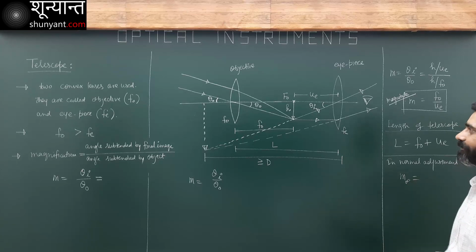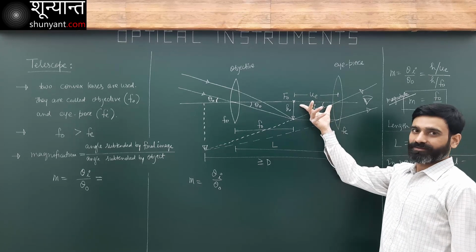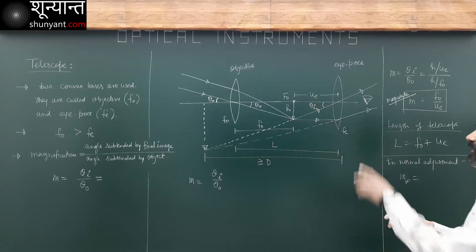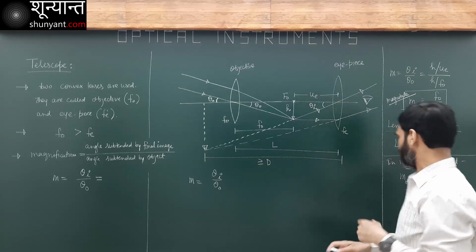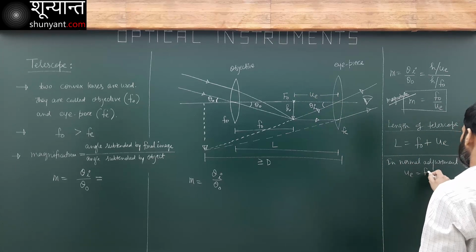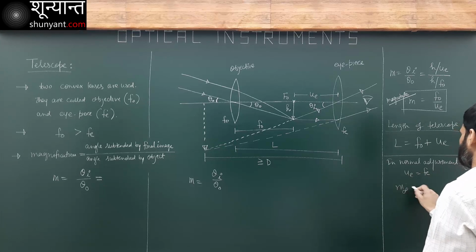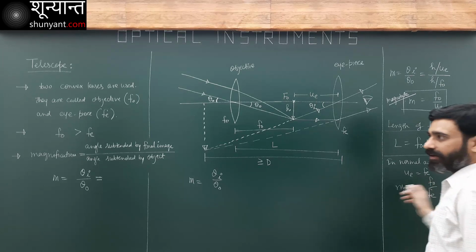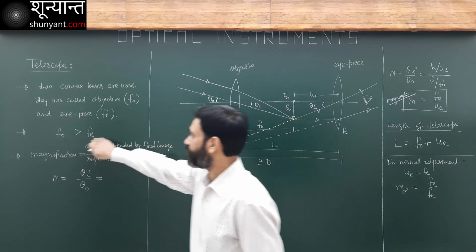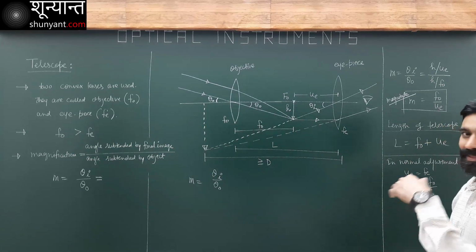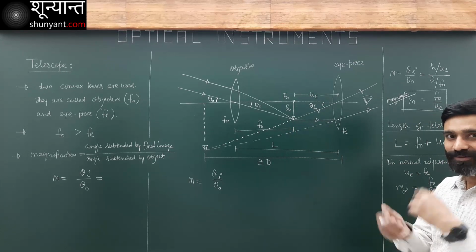We can find this very easily. What should this distance be such that the final image is at infinity? It should be equal to the focal length. In normal adjustment, UE will be equal to FE. So the magnification is equal to FO over FE. That's why FO should be more than FE to get magnification; otherwise the object will be reduced in size.